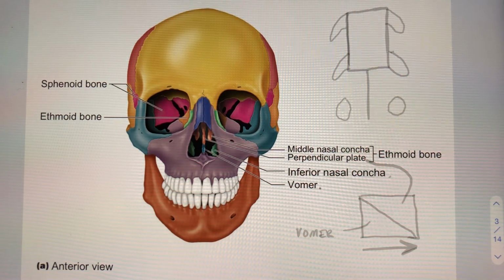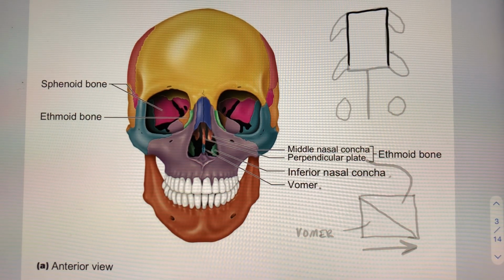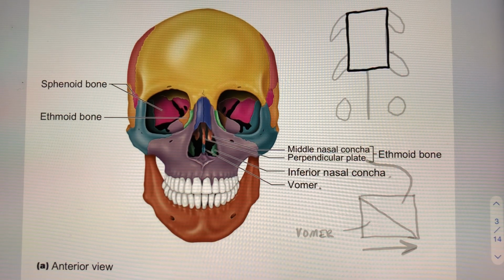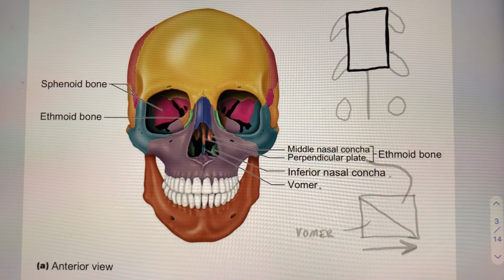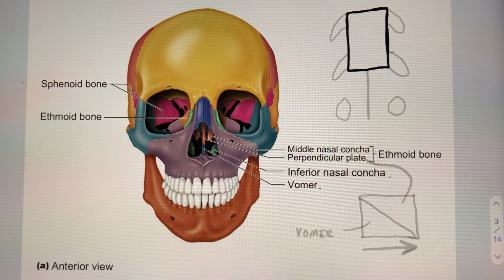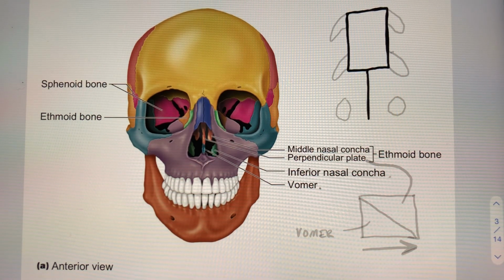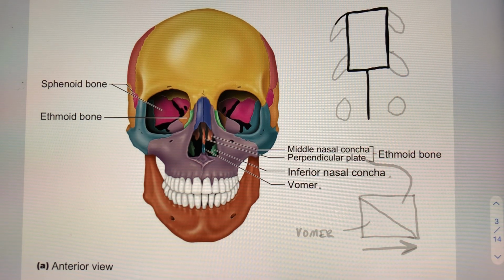So I understand. So I'm going to make a really crude doodle here of the ethmoid. So if this is like the bulk of the ethmoid, the body of the ethmoid, then it's got lots of projections. Here's a projection to represent the perpendicular plate. Here's a projection. Boy, this thing's starting to look sillier and sillier. To represent the superior nasal conchae.